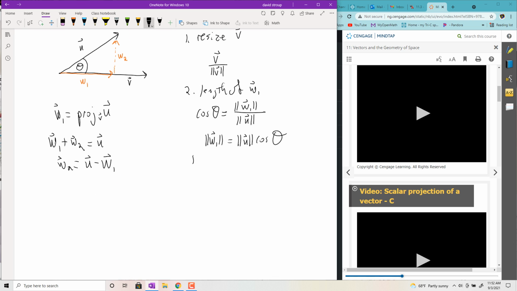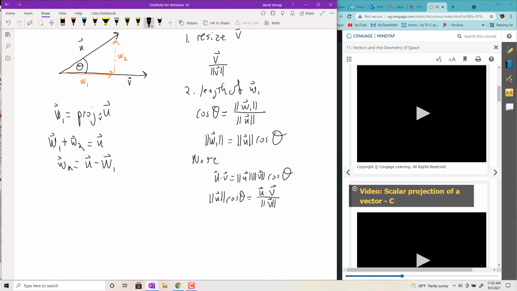So noting our relationship that u dot v is equal to the magnitude of u times the magnitude of v cosine theta, divide both sides by the magnitude of v, and flip sides, and you get that the magnitude of u cosine theta is equal to u dot v all over the magnitude of v.